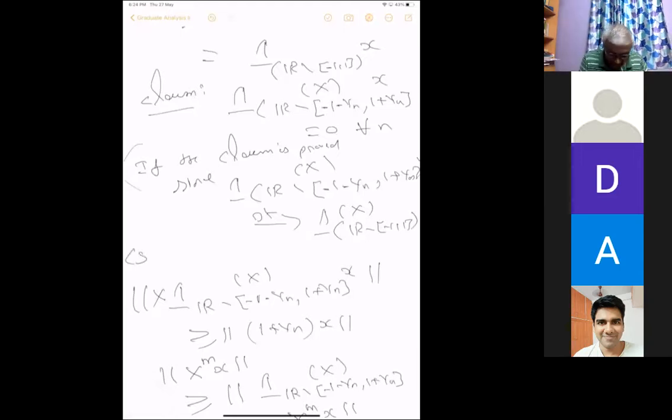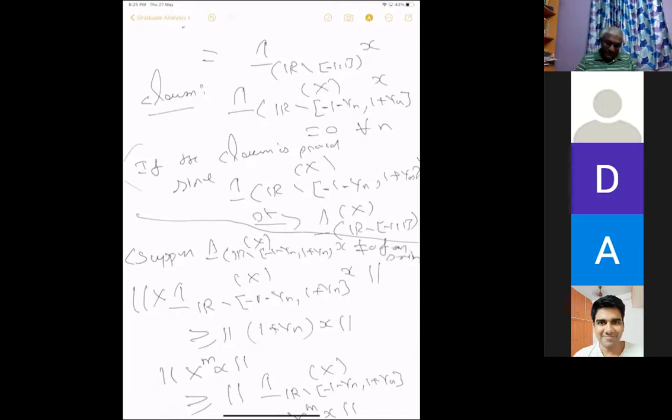Okay, that is clear. So suppose that is not equal to 0, that the indicator of minus 1 by n, 1 plus 1 by n of this x acting on this x is not equal to 0 for some n.